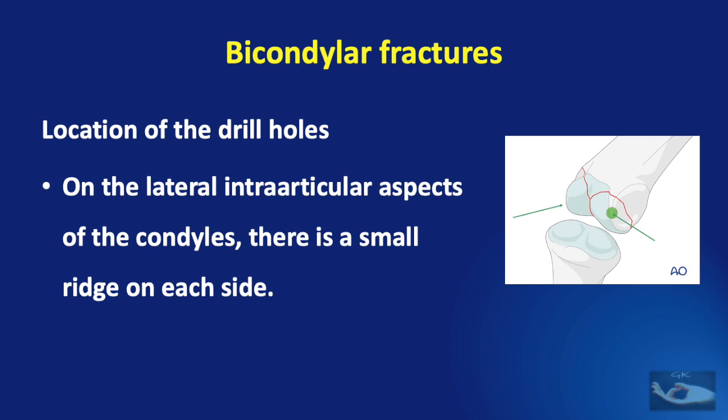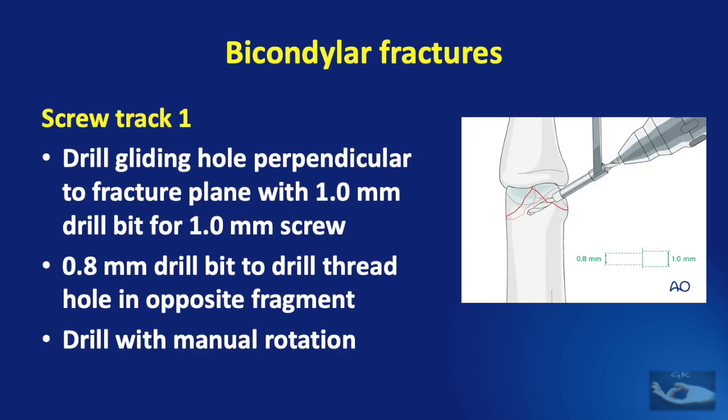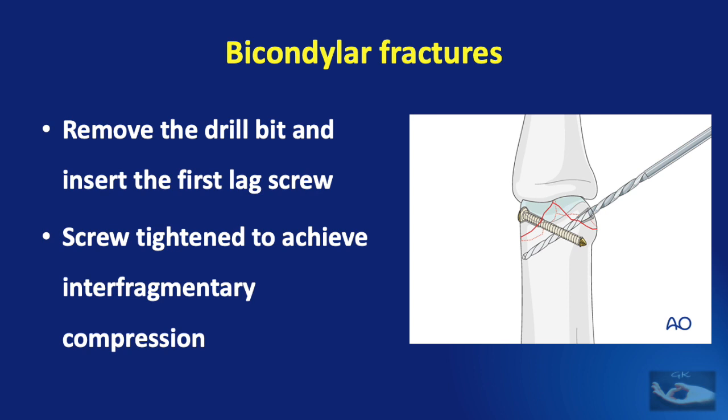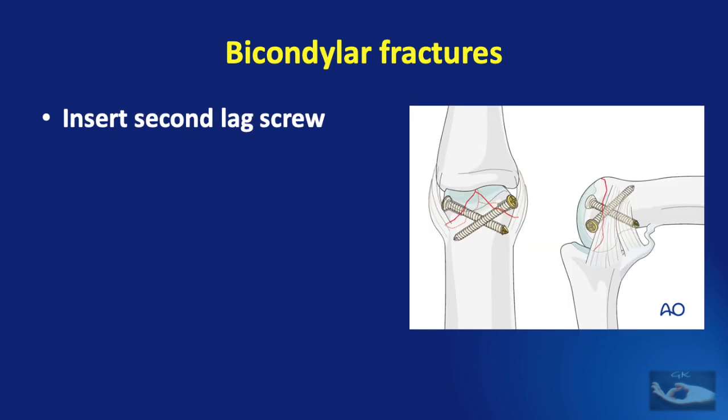The location of the drill hole would be on the lateral intra-articular aspects of the condyle where the small ridge is present. We need to insert two screws, one from either side, by the technique that we have already discussed. After inserting the first lag screw, it is tightened to achieve interfragmentary compression, and then the second screw is inserted and tightened.